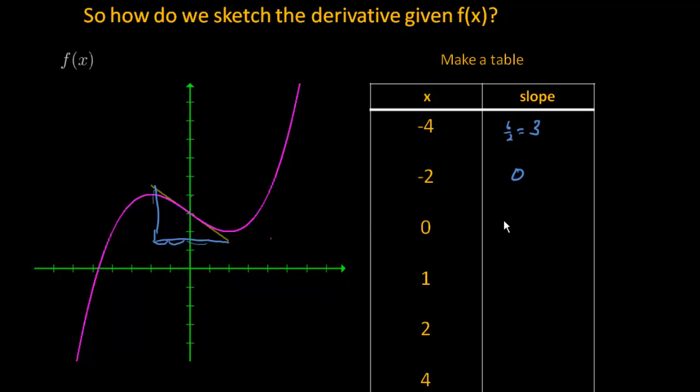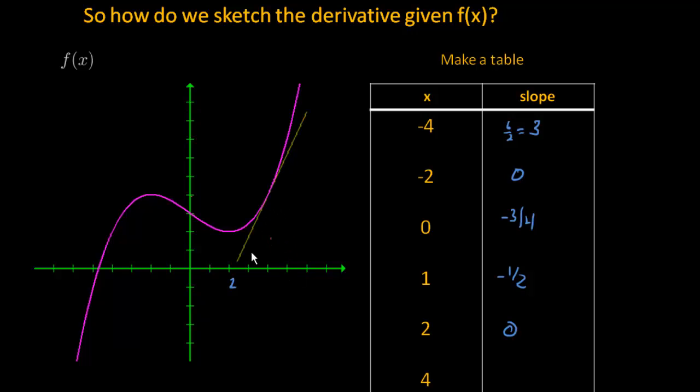So that looks like about negative 3/4. Okay, and at 1, I'm going to maybe guess negative 1/2. And then at 2, so here's 2, that looks like 0.